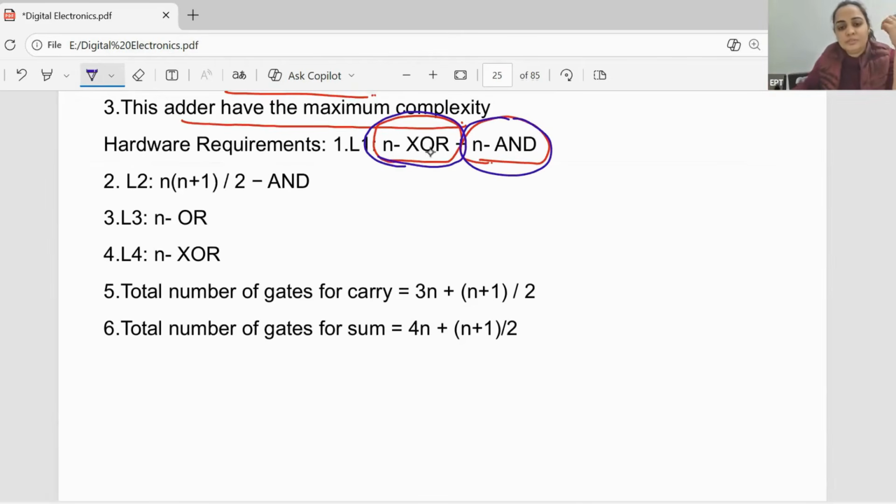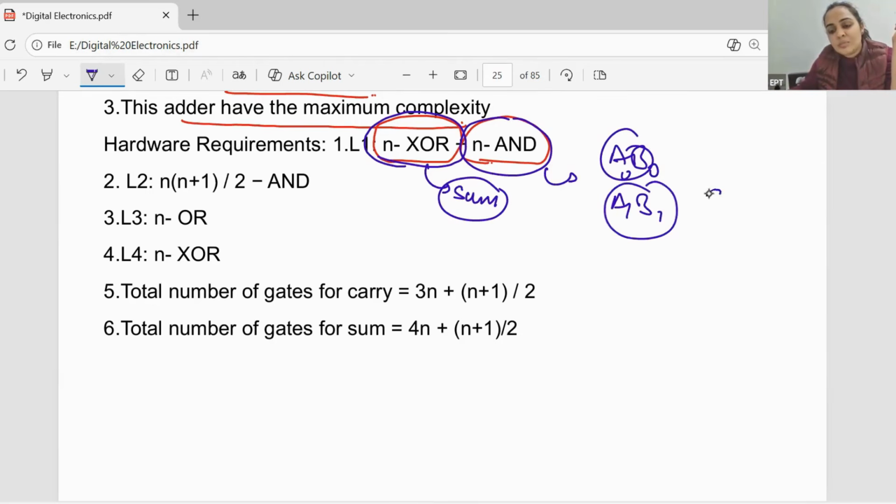This is for the sum, and this is for the carry, that is your AB: A0 B0, A1 B1. So this is nothing but Gi only, na? So this is for Gi and this is for Pi.